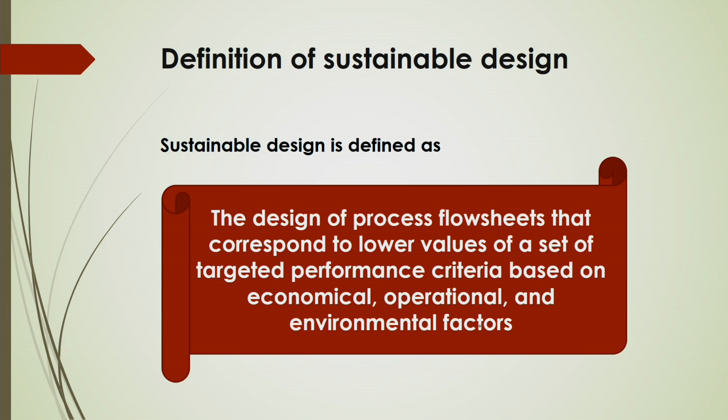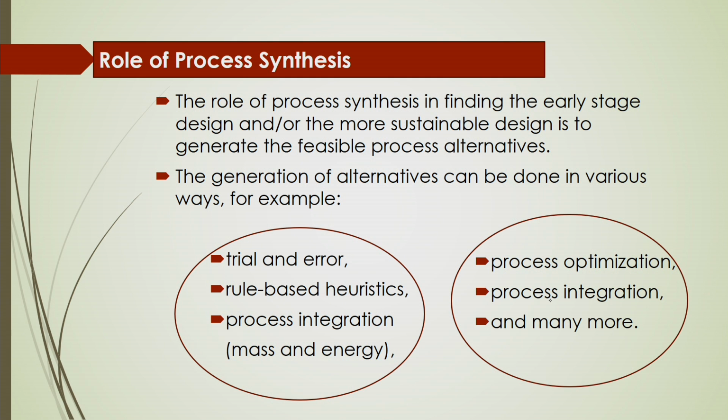So sustainable design is defined as the design of process flow sheets that correspond to lower values of a set of targeted performance criteria based on economical, operational and environmental factors. So this is the definition of sustainable design.